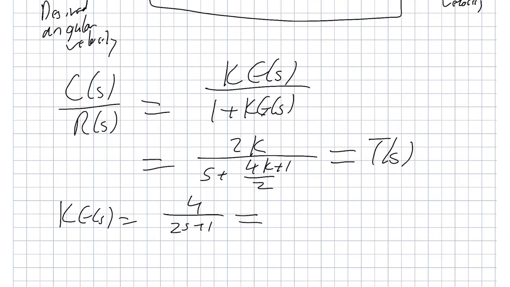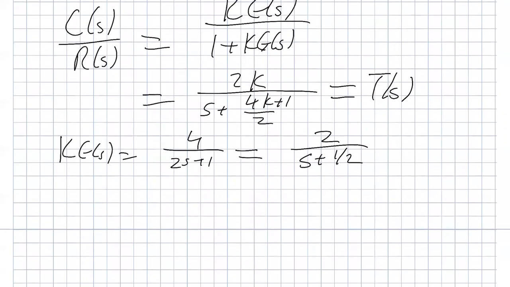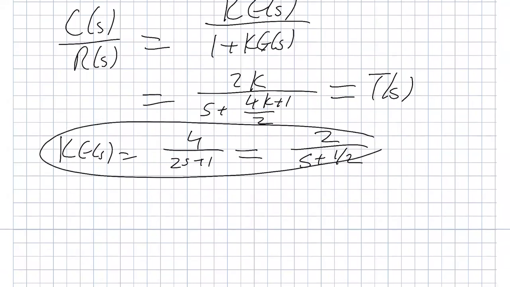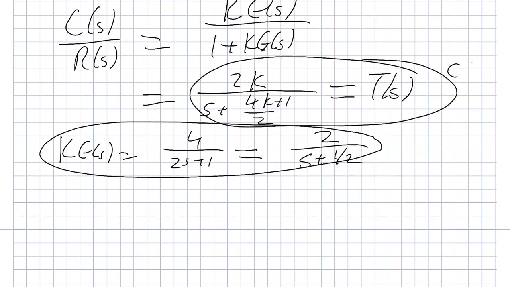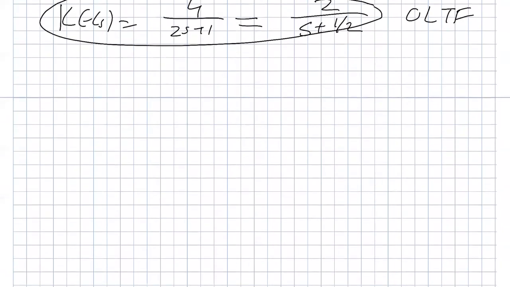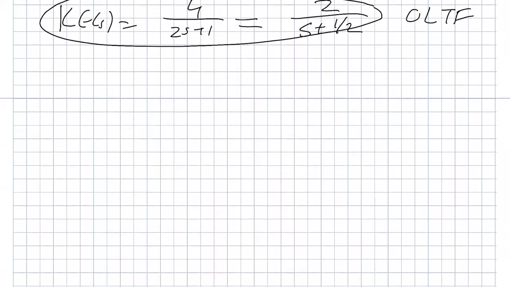Or if we divide this by 2, 2 over s plus 1/2, right? And so with that in mind, here is our open loop transfer function, and here's our closed loop transfer function. So when we're doing our plots, we're going to look at open loop poles and closed loop poles.